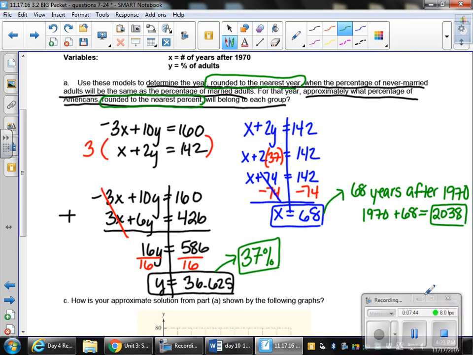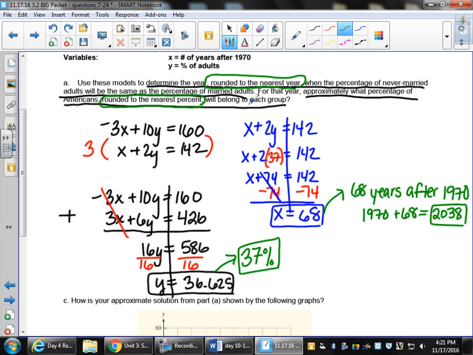What does all of this mean? Determining the year. So for what it means, look what I just did. Come right back up to the question. Determine the year when the percentage of never married adults will be the same as the percentage of married adults.